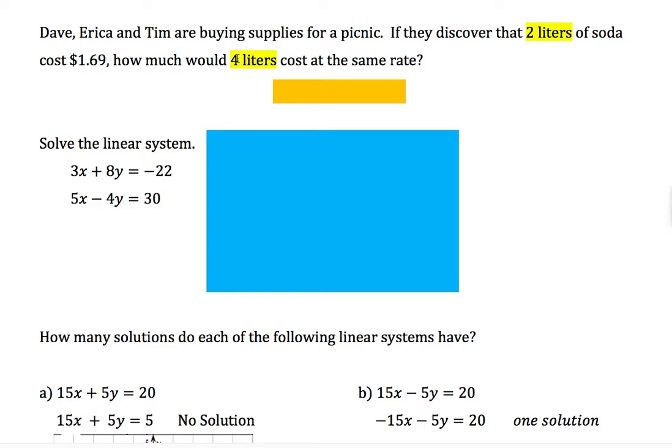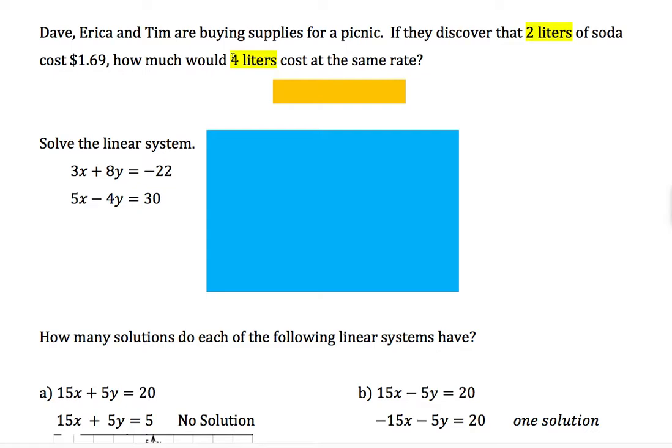So the difference: I can get 2 liters for $1.69. So 4 liters is twice as much as 2 liters. Your word problem on your test might say, how much would 6 liters cost at the same rate?